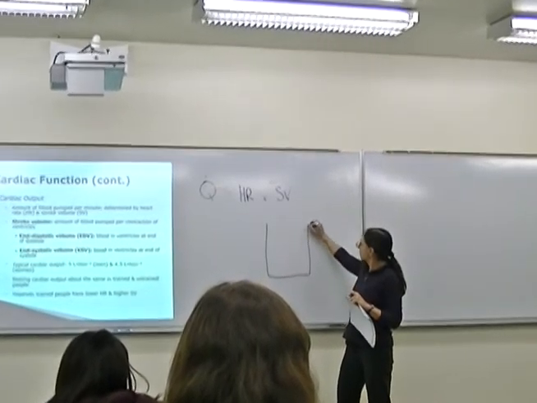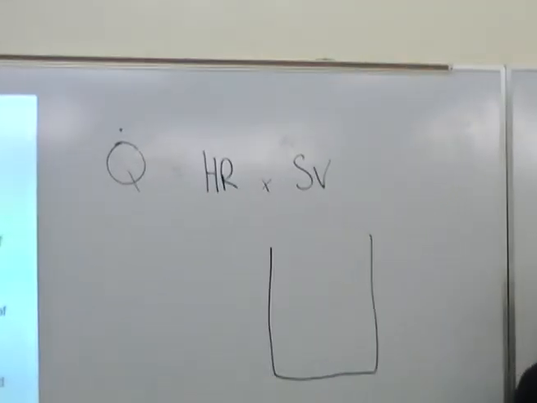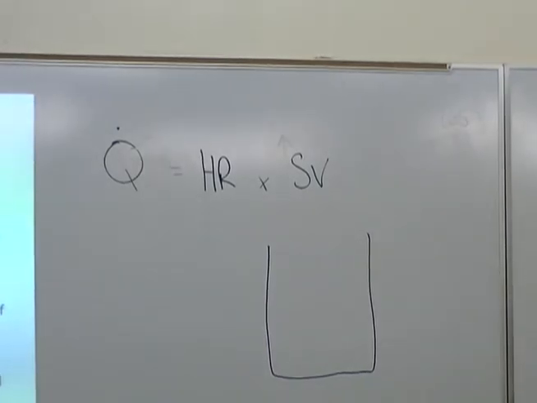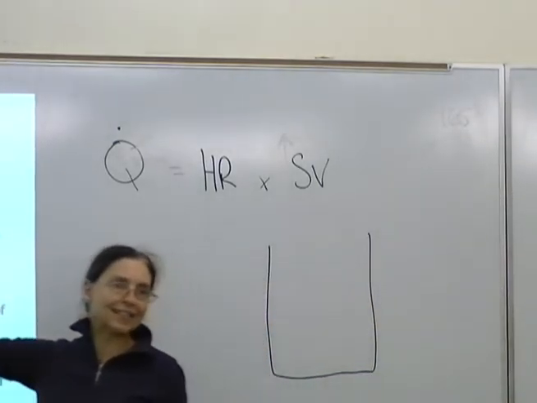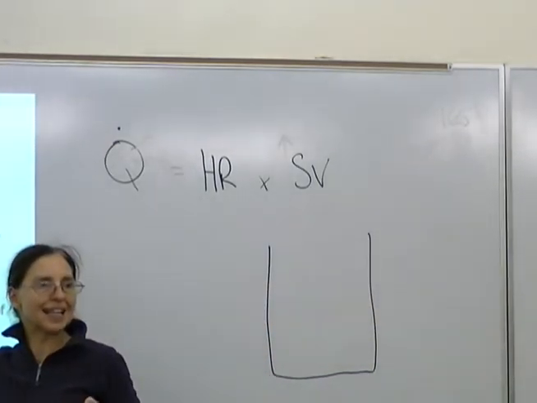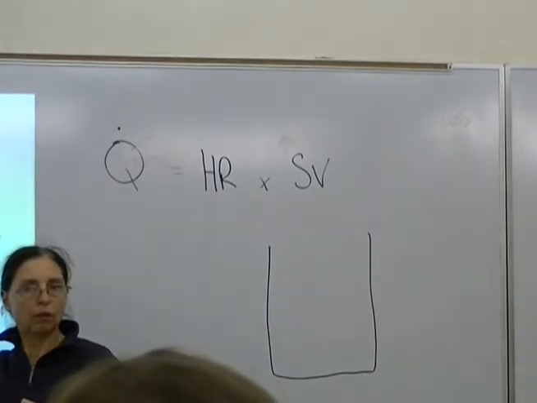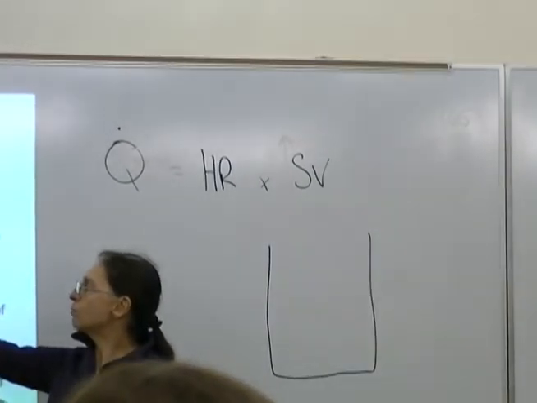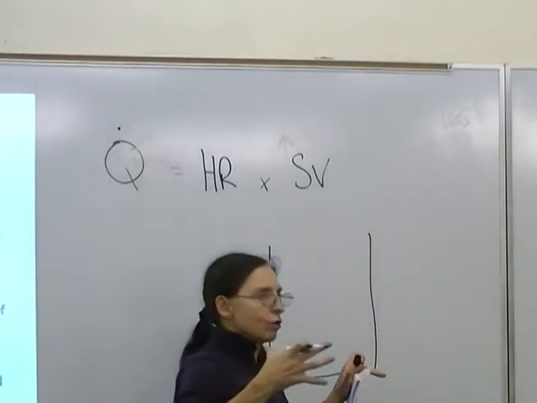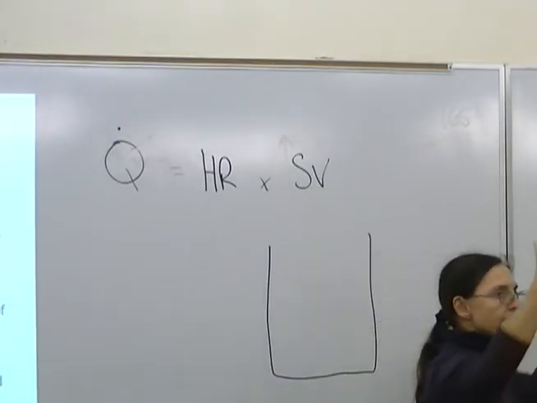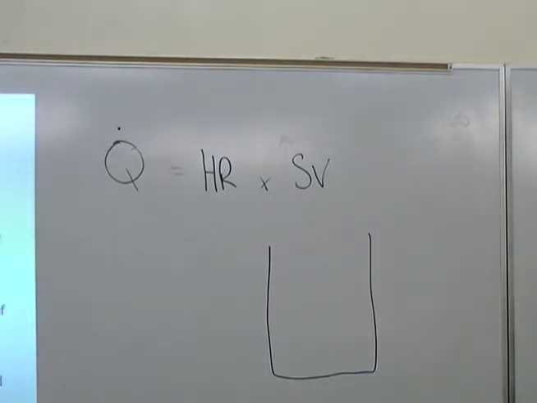So, pretend the heart is a beaker. This is a ventricle. Diastolic, diastole, relaxation. How much blood is in the ventricle at the point when the ventricle has relaxed so that the blood can flow in?